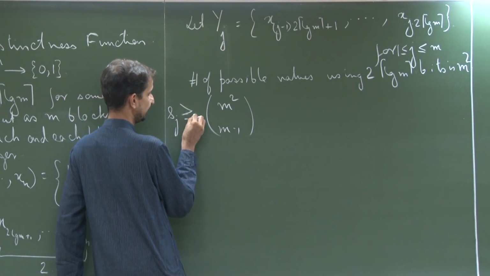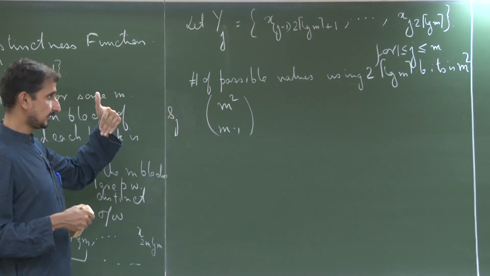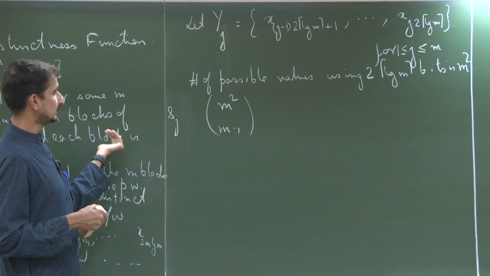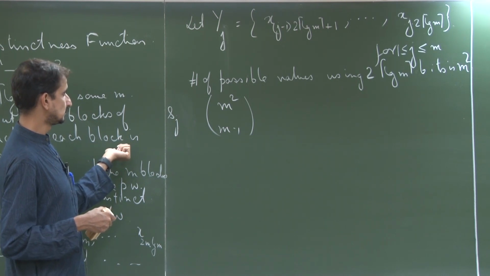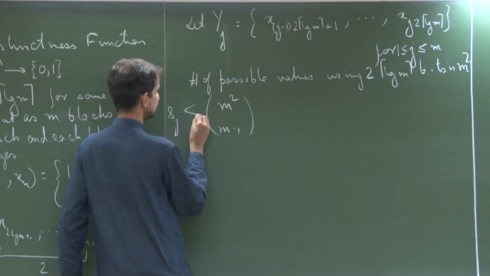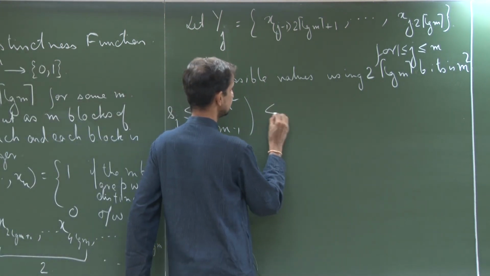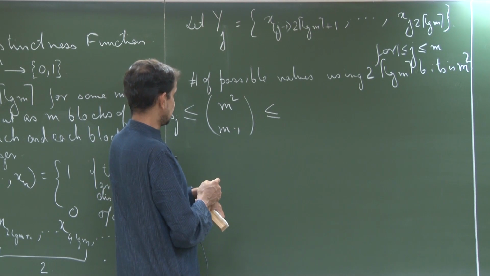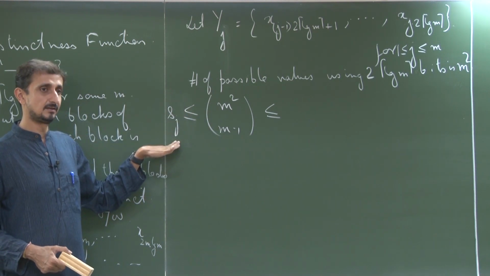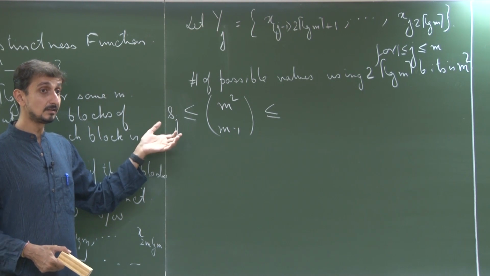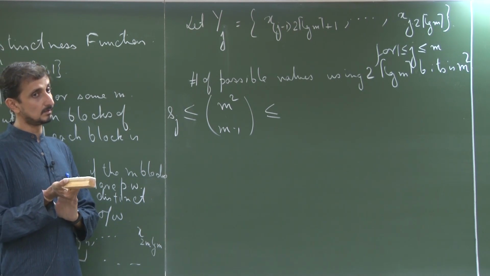So, the number of subfunctions is upper bounded by this quantity. Now, for each of these I have a subfunction. Each of those will be distinct.